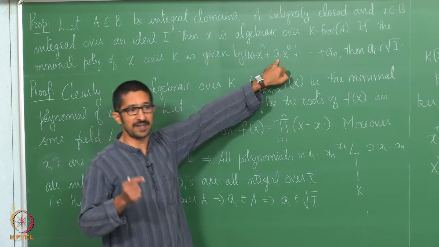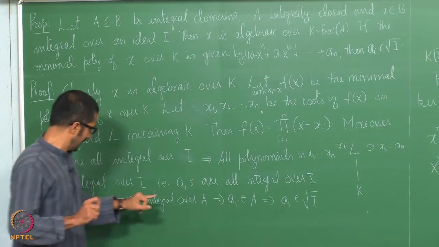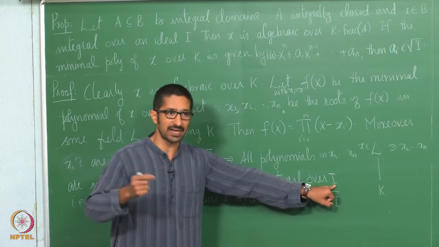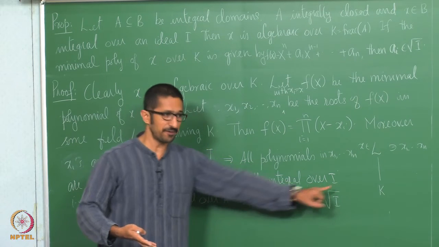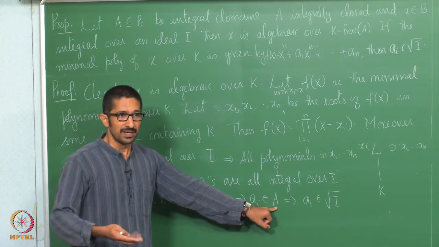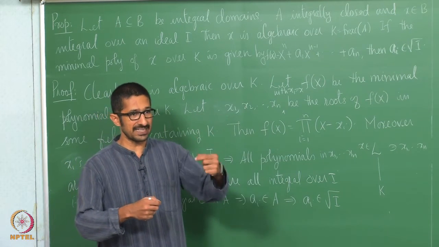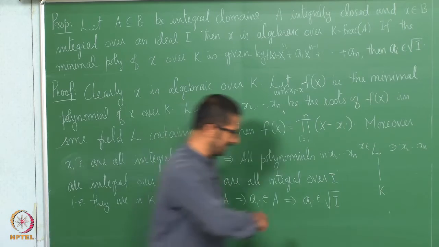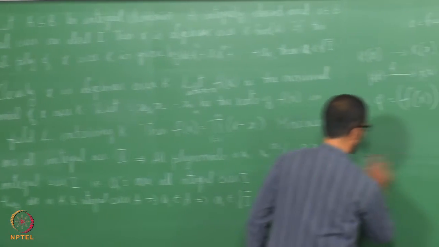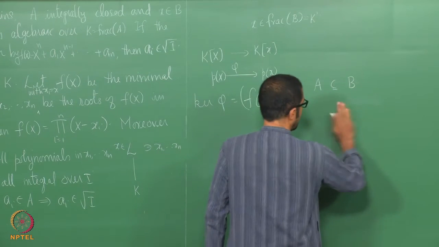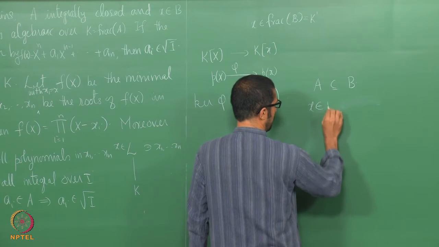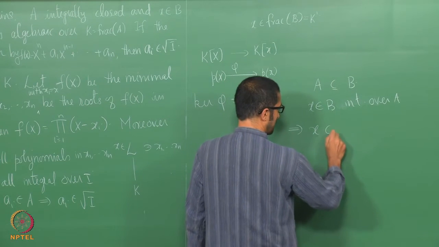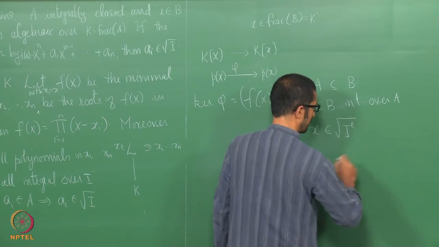That means all of them are in the fraction field of A. A is integrally closed and we are saying the ai's are all integral over I, in particular they are integral over A. Therefore, all of them have to be in A. But then, applying the previous theorem, I have a ring extension, and x in B integral over I implies that x belongs to the radical of I extension.